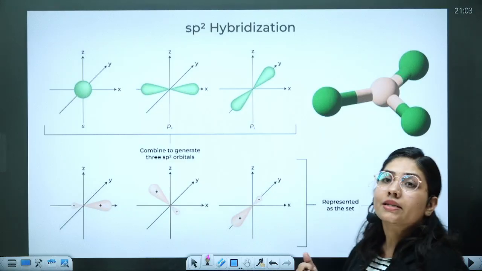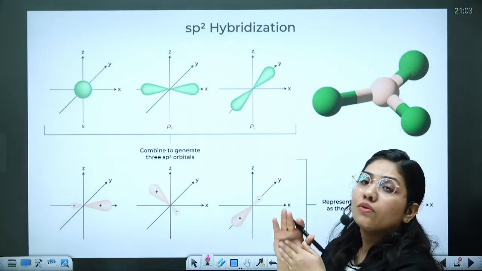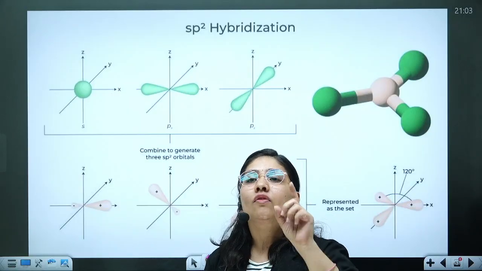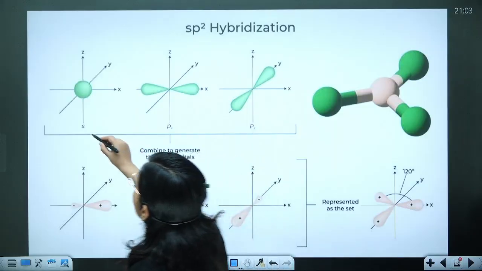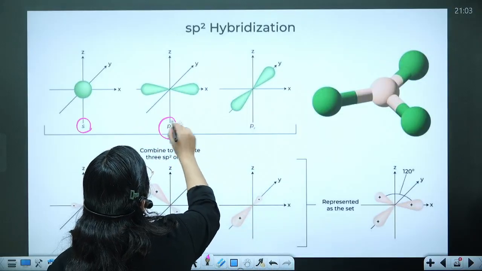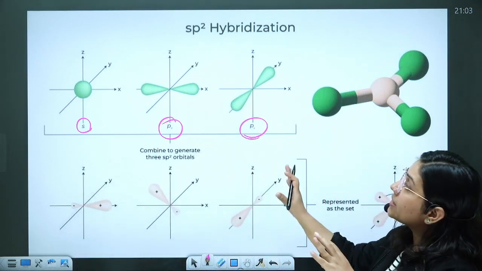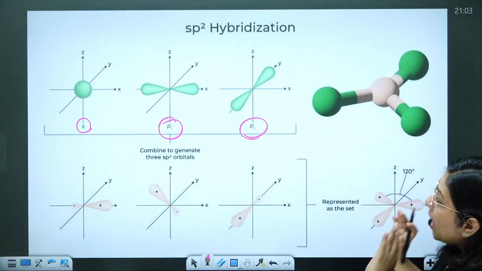Come to the next, sp2 hybridization. Okay, in it what happens? In it we will be having the participation of one s orbital and two p orbitals. You are able to see one s orbital here, it is one p and it is another p. Okay, so here you can see after participation we got a hybrid structure.